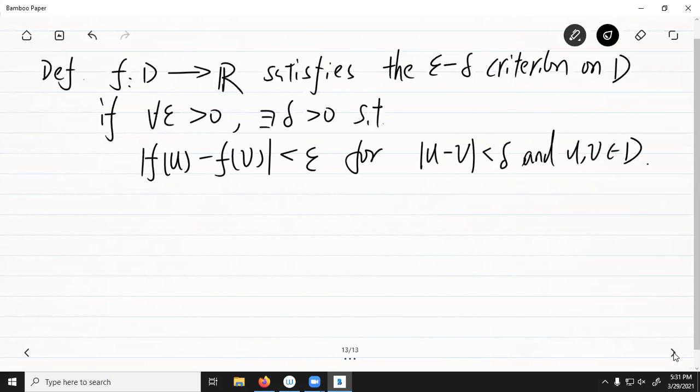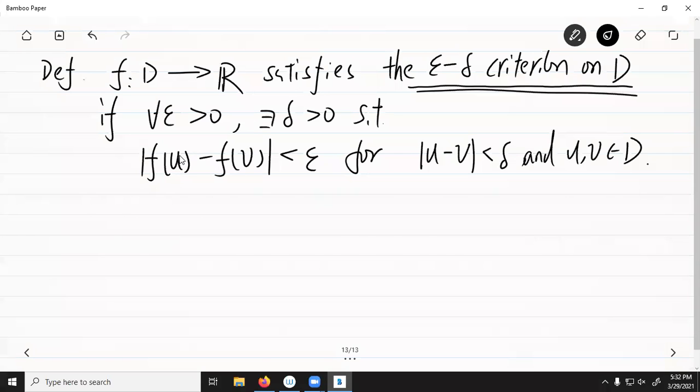Okay. So we say this function satisfies the epsilon delta criteria on the whole domain D, which means for any epsilon greater than 0, there exists a delta greater than 0, such that when two points in the domain D are very close, how close? Closer than delta, then the function values will be very close.